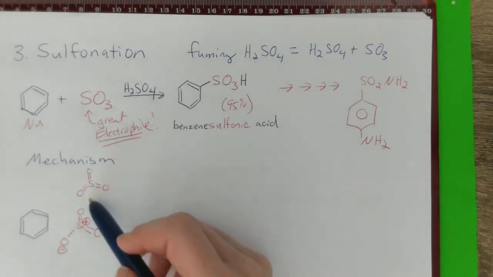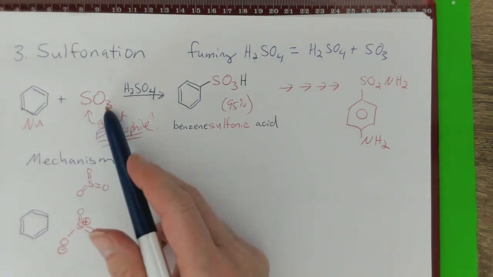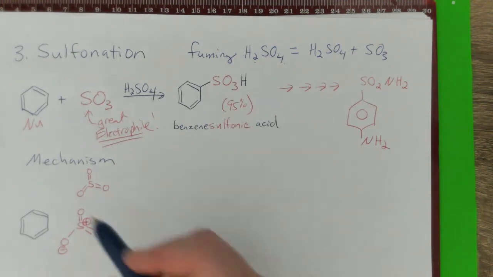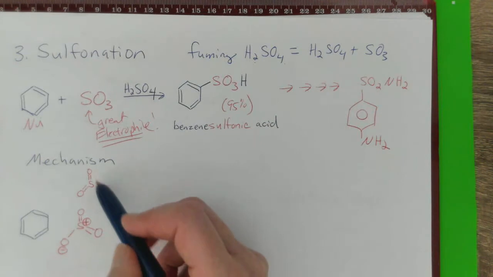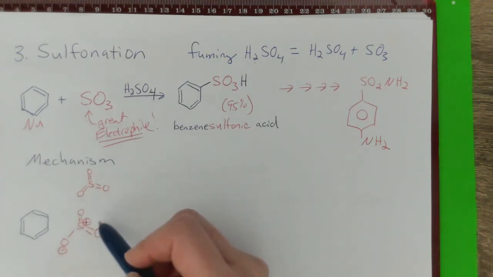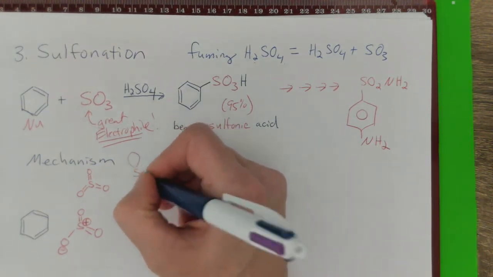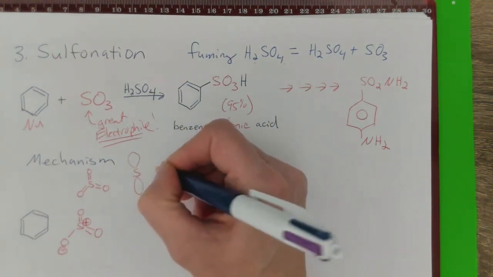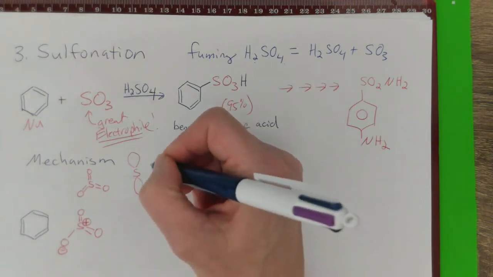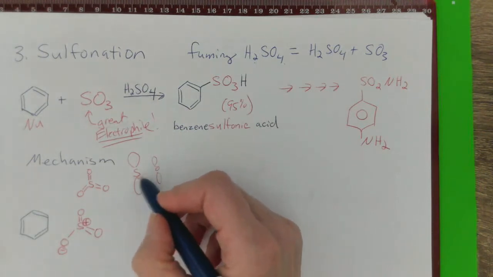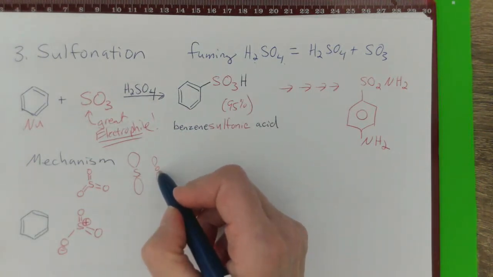Okay, so let's take a look at why sulfur trioxide is such a great electrophile. So in our electron dot structure, and I haven't put in the lone pairs on the oxygens here, but they're there. You see that the sulfur has these p orbitals that are trying to overlap with oxygen's p orbitals, which I'm going to draw much smaller, since remember that sulfur is below oxygen on the periodic table.